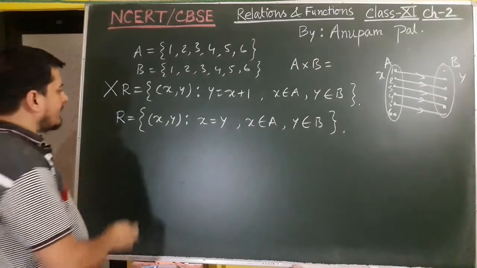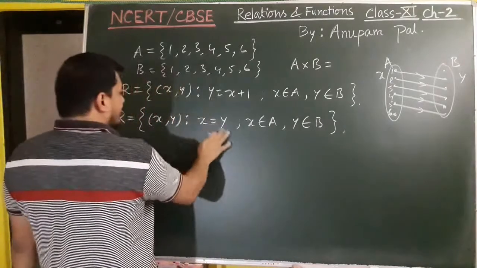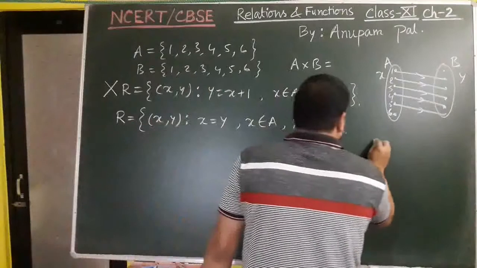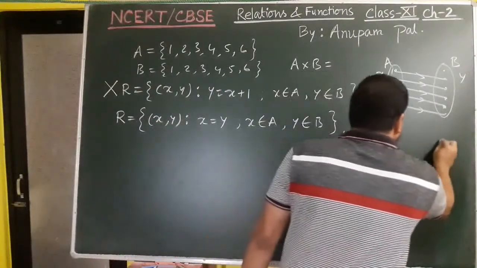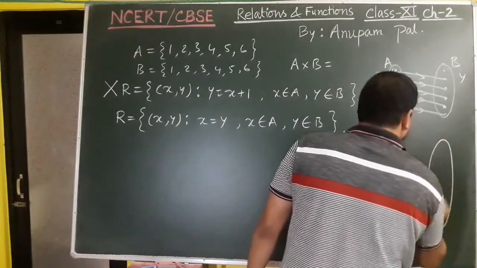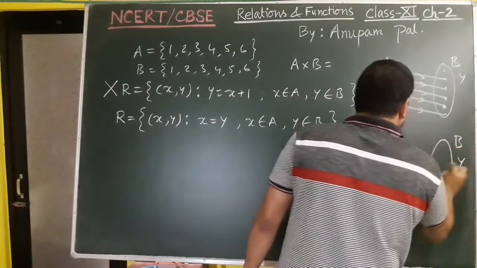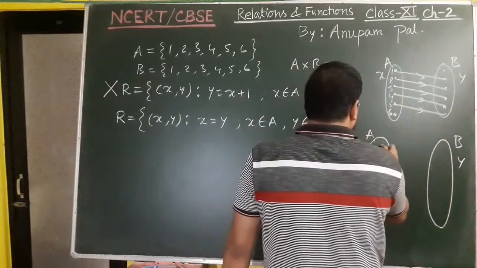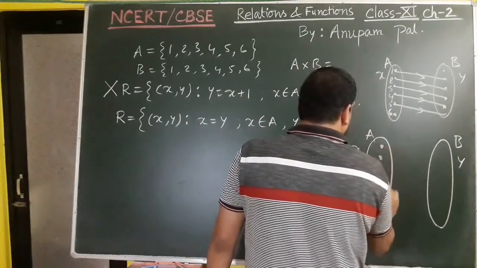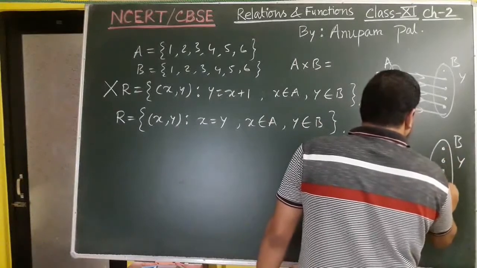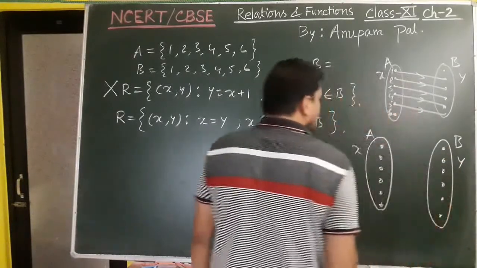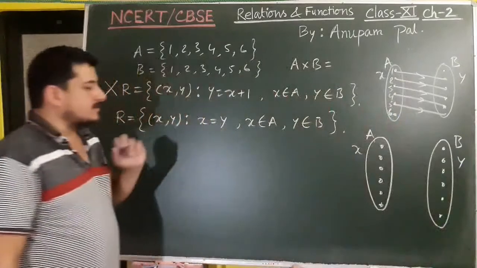If I draw it, x is equal to y. This is A, this is B. Y will be taken from here, x will be taken from here.